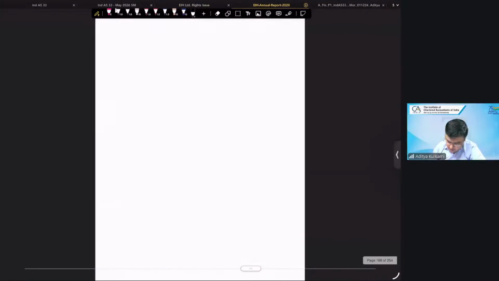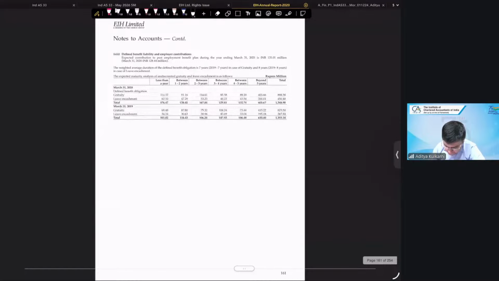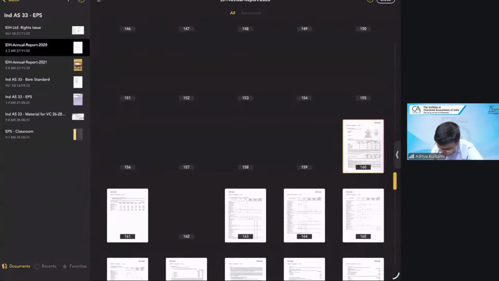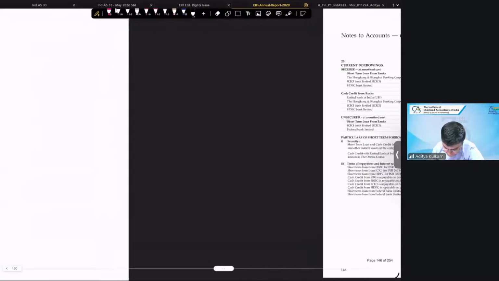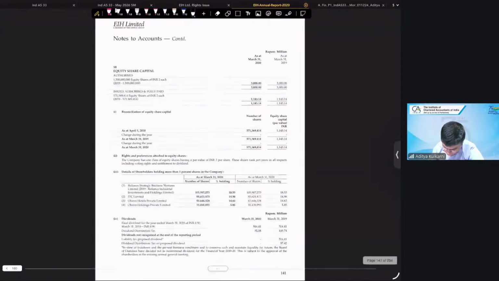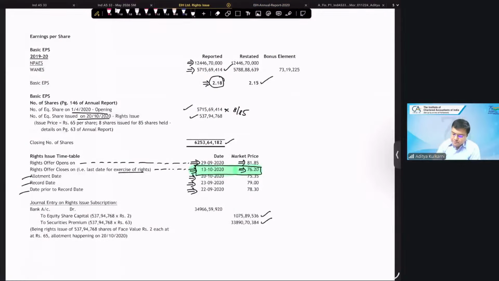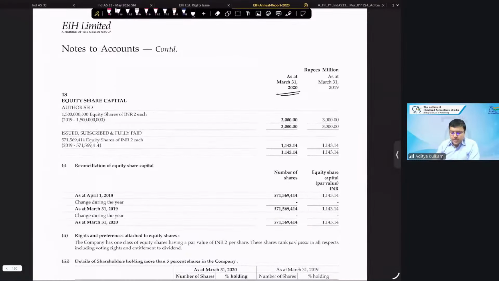Means we have to look at 10,000 pages here. A bit difficult. See, we are looking at year 1920, previous year 1890.